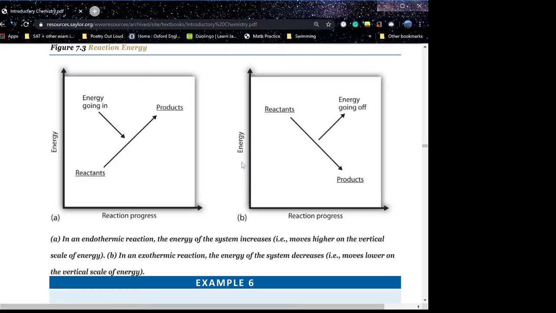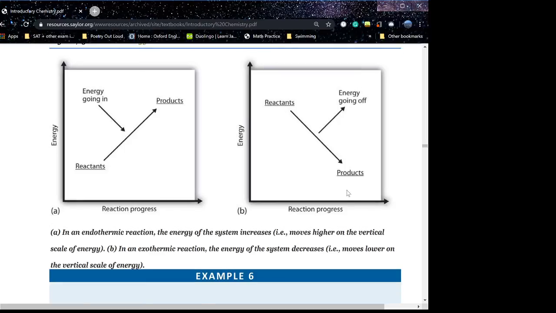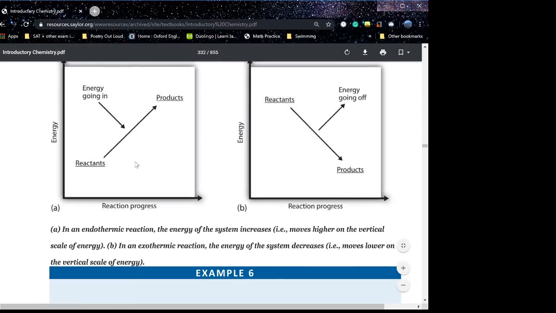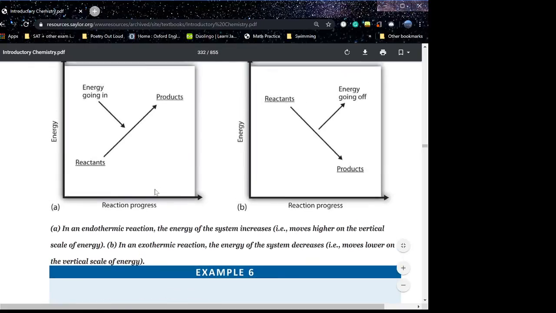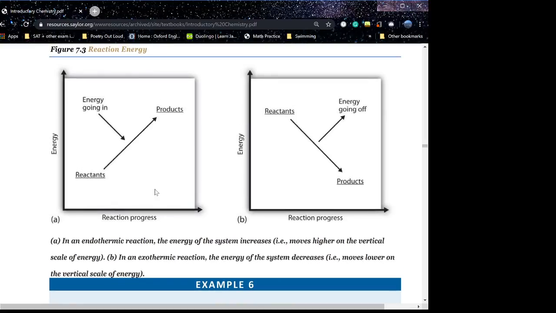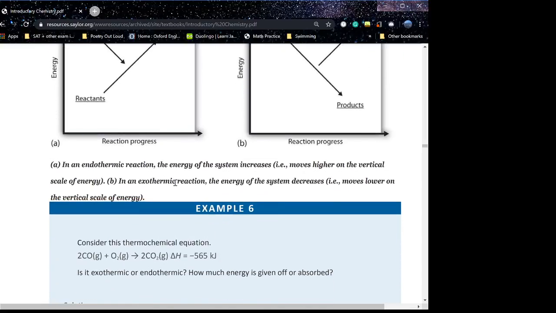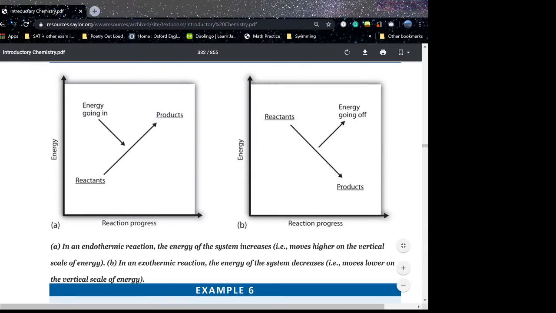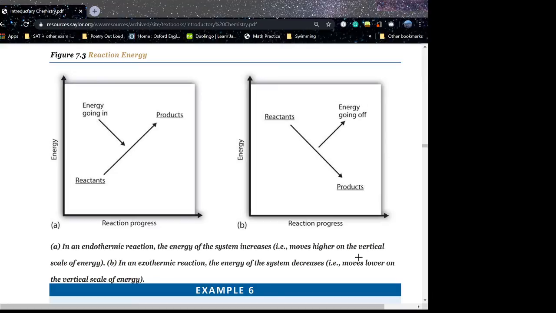In the opposite case, if the reactants start with a higher energy level and there's energy leaving the system, you get a lower energy state of products. This means bonds are being formed, and the other means that bonds are being broken. Yes, that is a little counterintuitive, but it'll make sense. Please let me know if it doesn't.